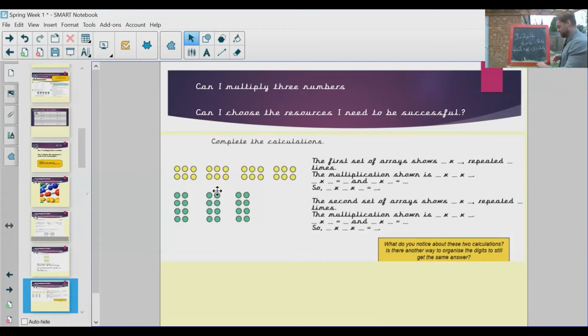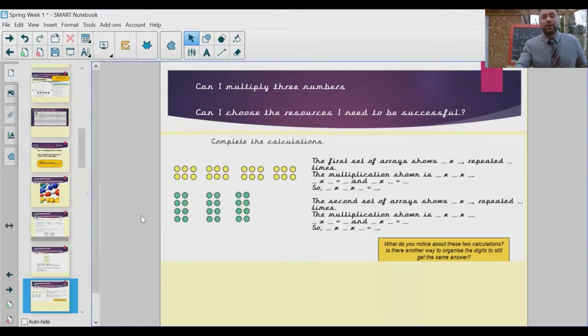We may want to change it around even more. We may decide to do 4 times 3 first, and 4 times 3 is equal to 12, and then we times it by the 2, and then we also get 24. So it doesn't matter which way you multiply these numbers. As long as you multiply them correctly, you're always going to get the same answer.